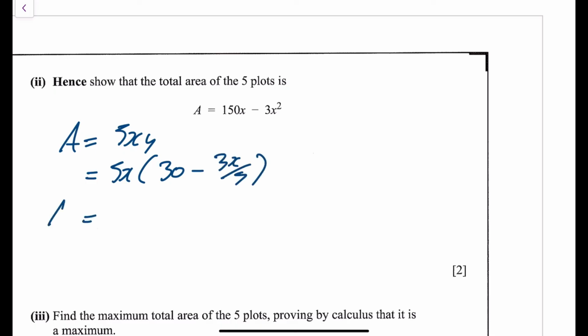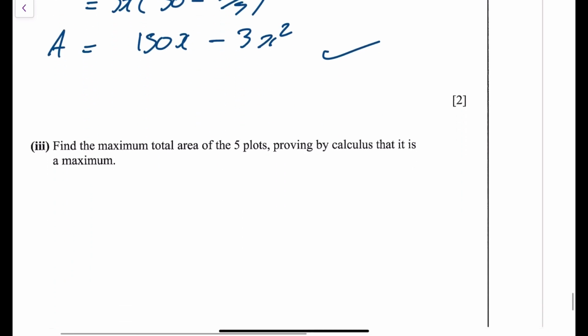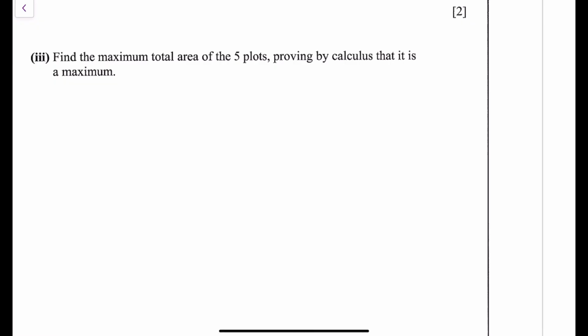And then if you do that out, your area is going to be 150x minus 3x squared. That's what they were looking for. Happy days. Easy 2 marks.